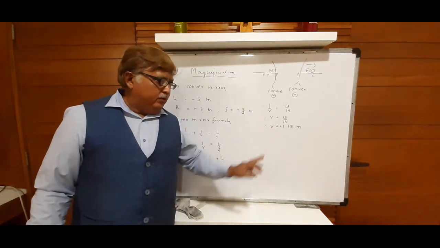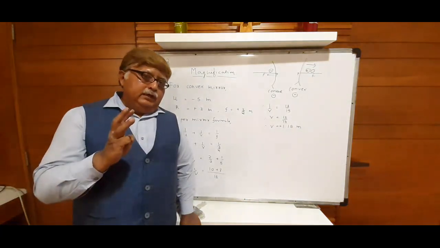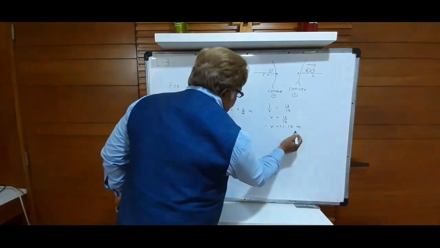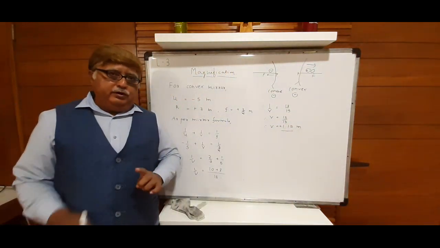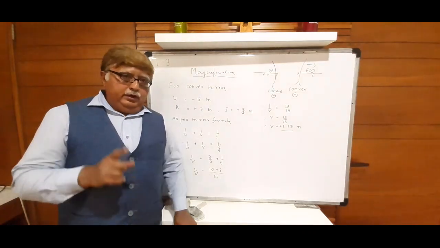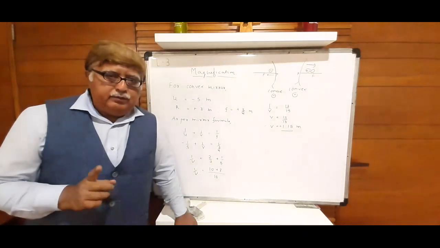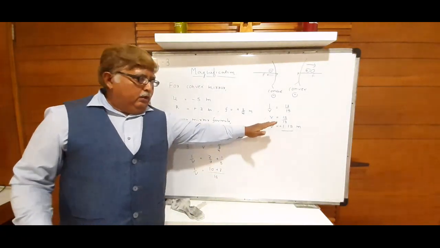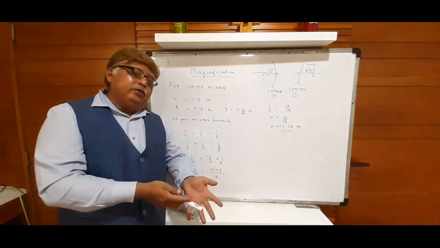Remember well. V positive means three words need to be very clear in your mind. Note it down: image is virtual, erect, and here 1.15 meter behind the mirror.